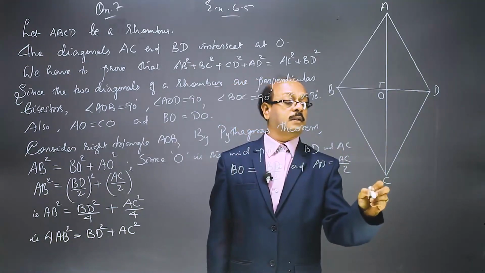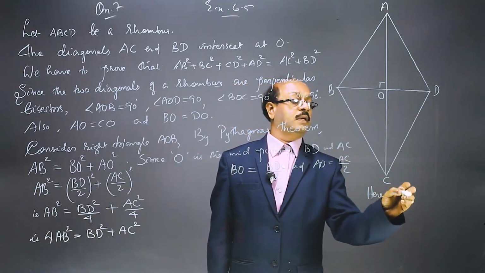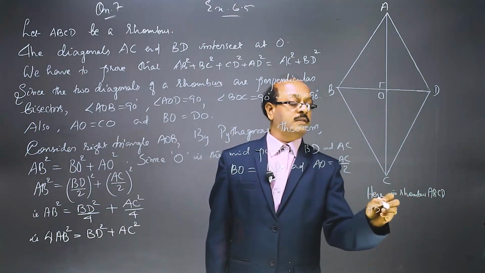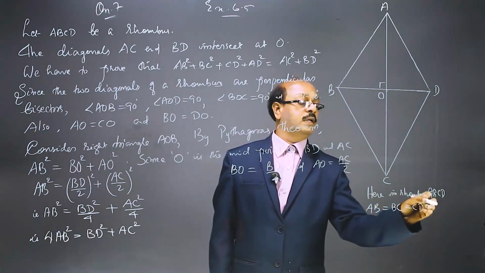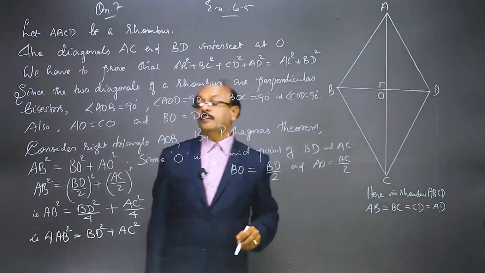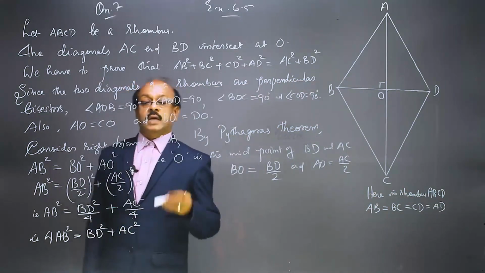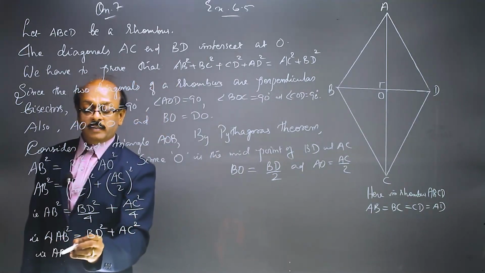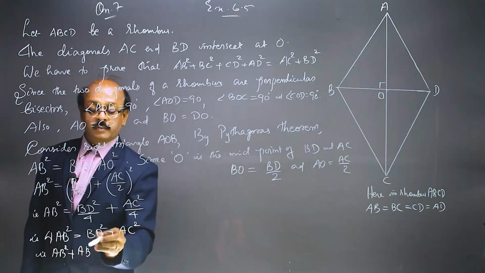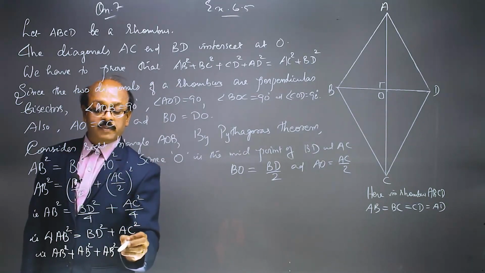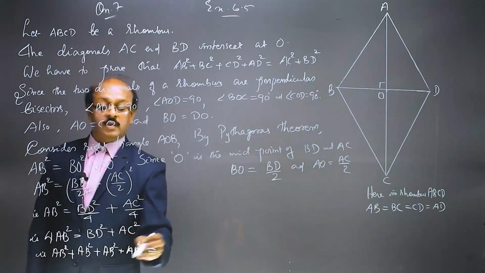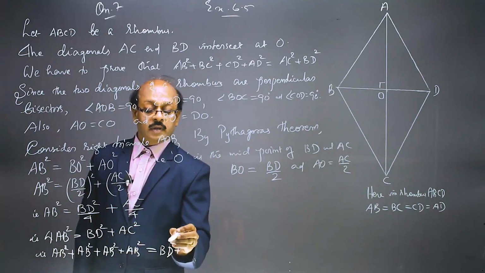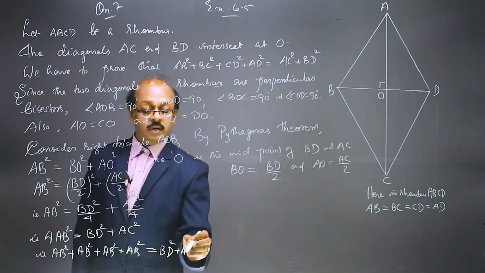Therefore, 4AB square we can write as AB square plus AB square plus AB square plus AB square, which is equal to BD square plus AC square.